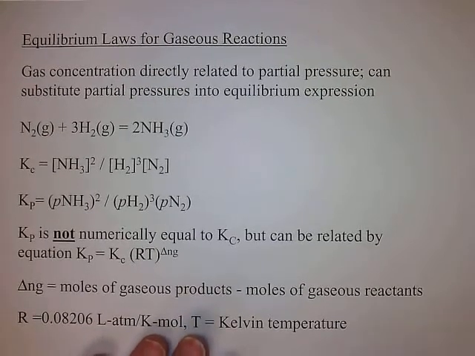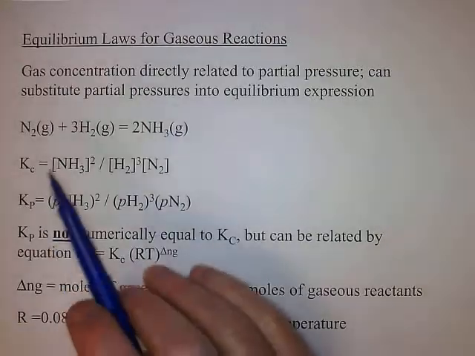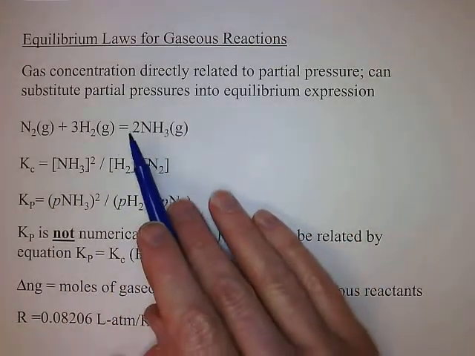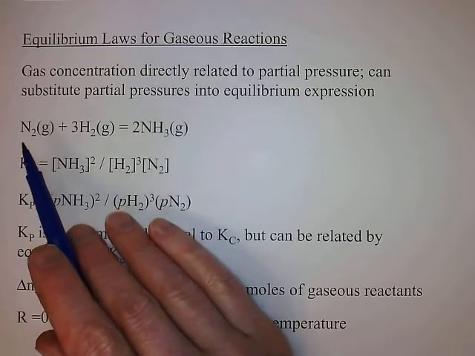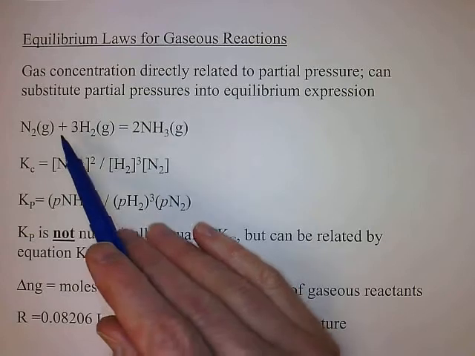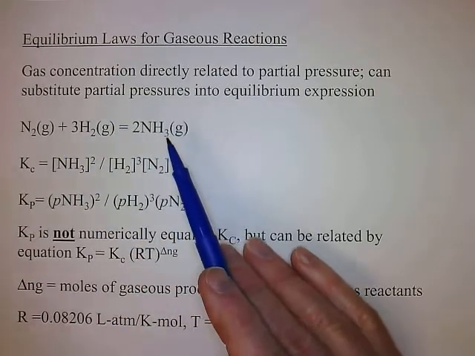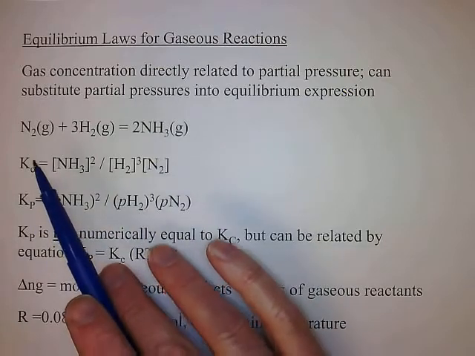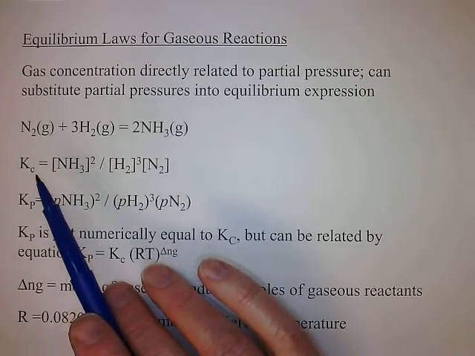All right, so let's look at this reaction. The Haber process, this is how they make ammonia, is the equilibrium reaction between nitrogen and hydrogen gases. Nitrogen plus hydrogen makes ammonia. So Kc, now I'm using C to represent concentration.